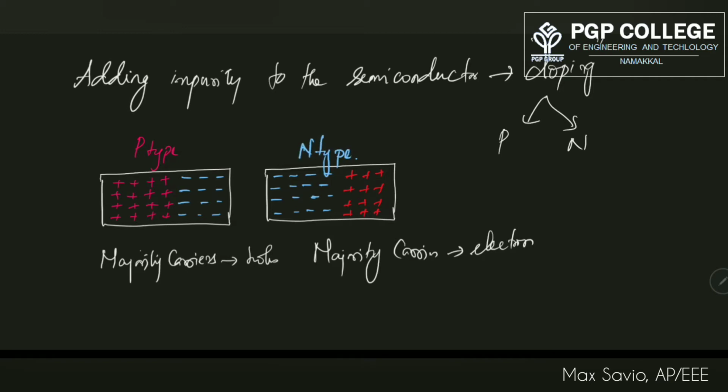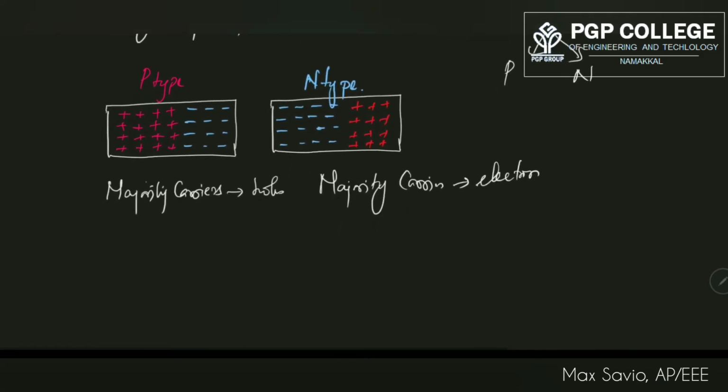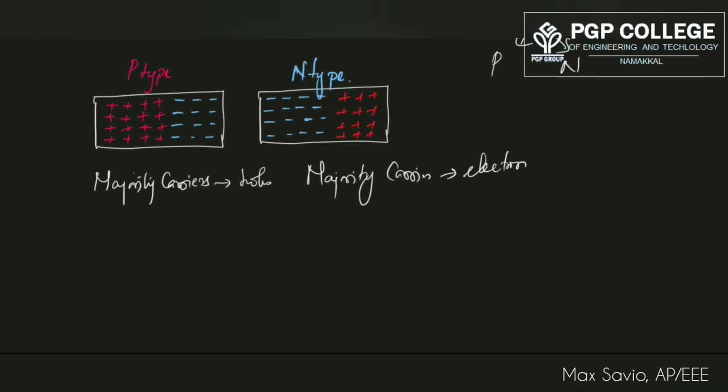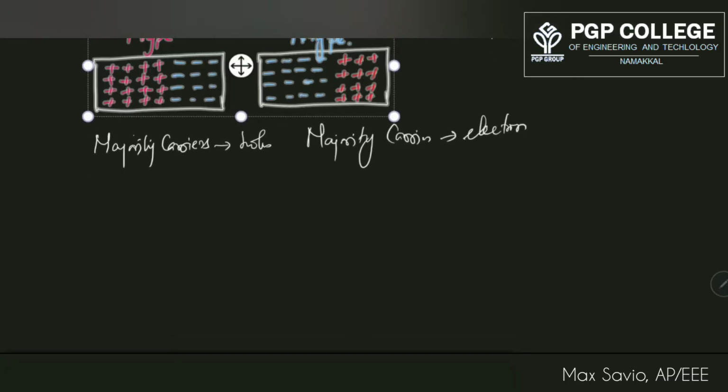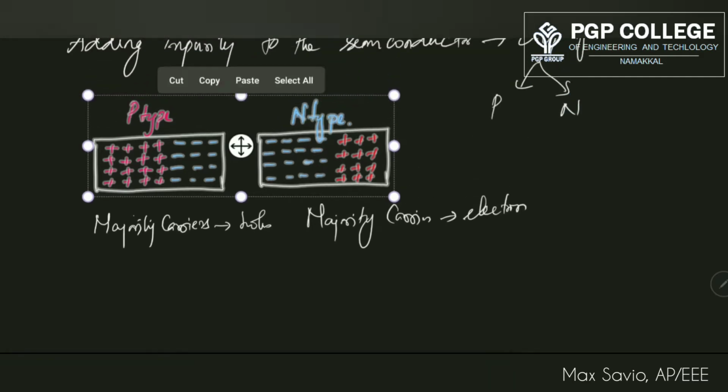So this is p-type and this is n-type. As I told you, for forming a PN junction diode, they take both the p-type and n-type semiconductor pieces and diffuse them. The meaning of diffusing is joining.